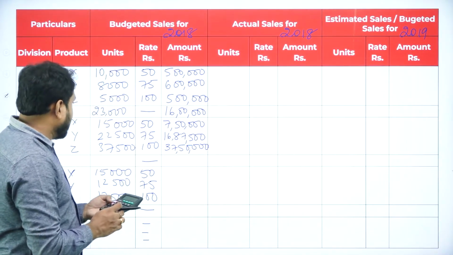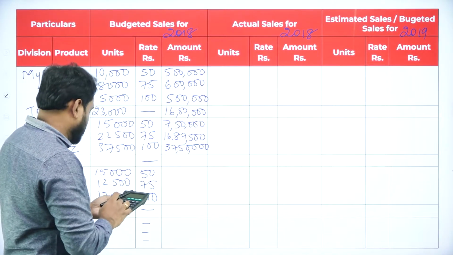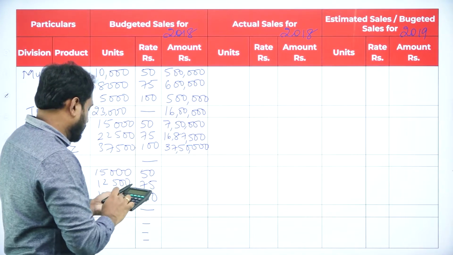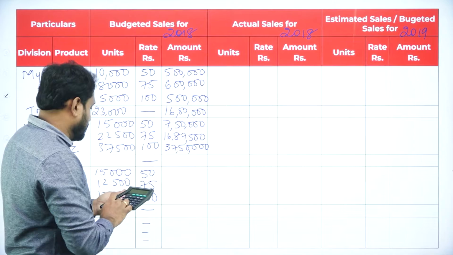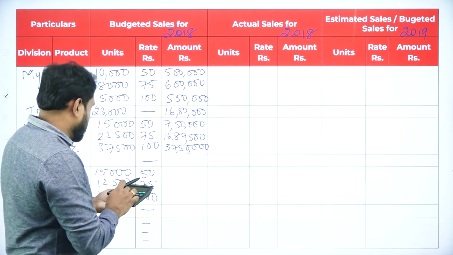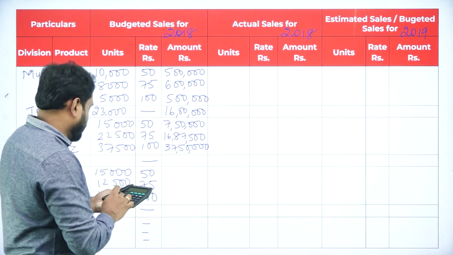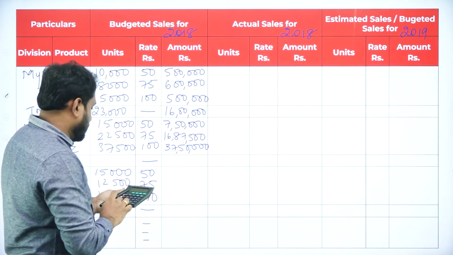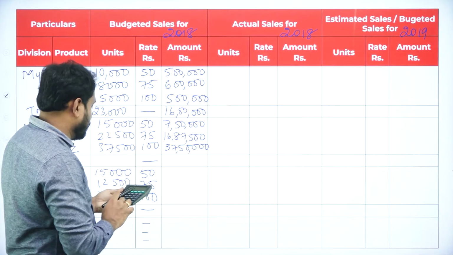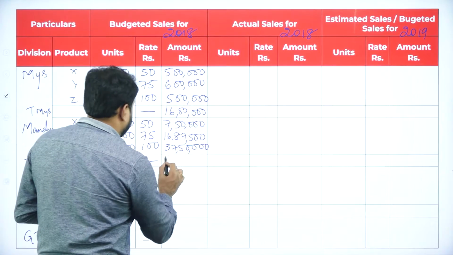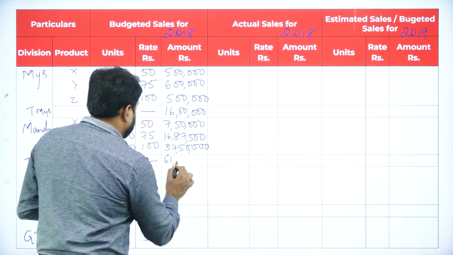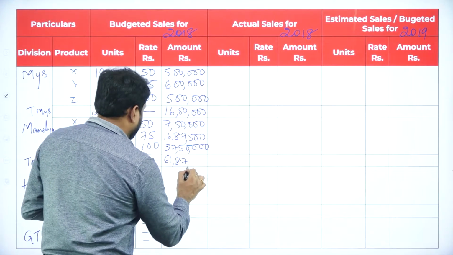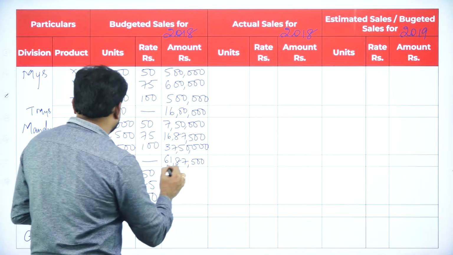Now we need to add everything. Plus 7 lakh 50,000. So we have 61 lakh 87,500.